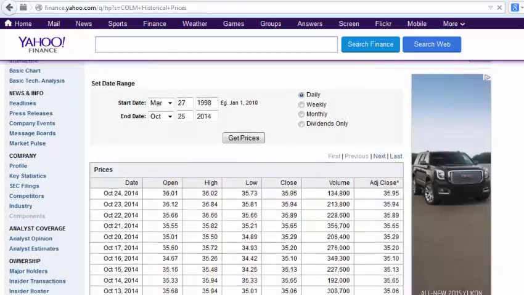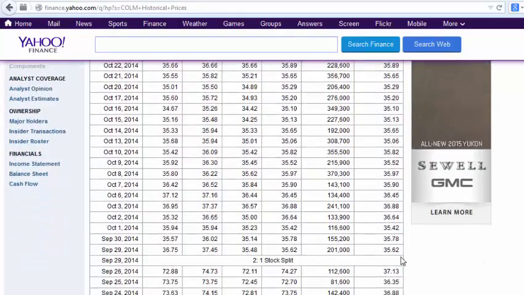And as I look back through their historical prices, I note that just less than a month ago, they had a 2-for-1 stock split. What that means is anybody who had any shares in Columbia the day before the stock split, the shares were selling at $74 a share. You're going, but they're selling at $35 now. Exactly. Because what they did is they took that one and they tore it in half and they said, now you have two.